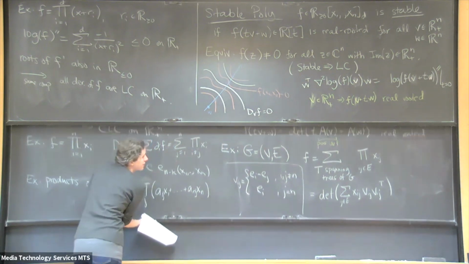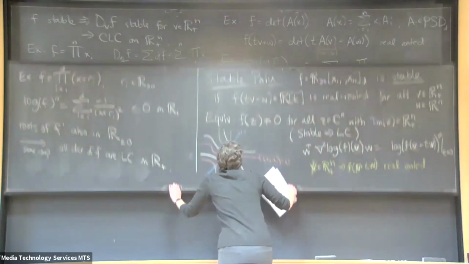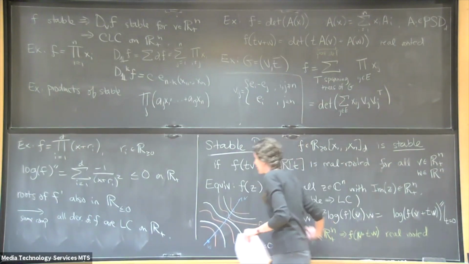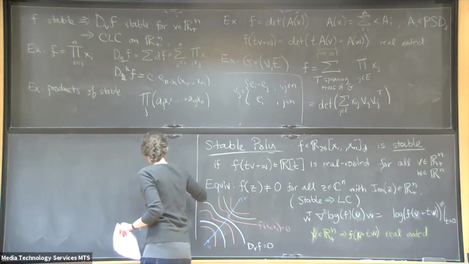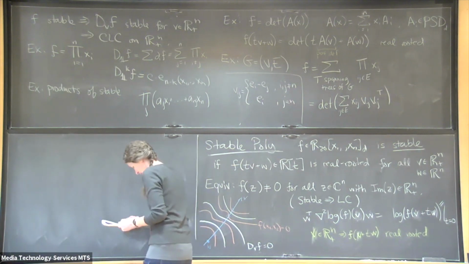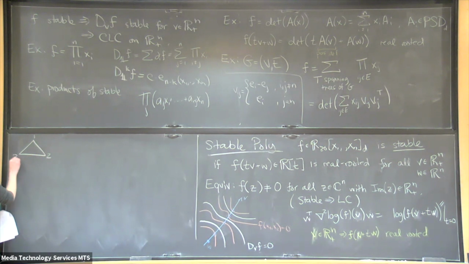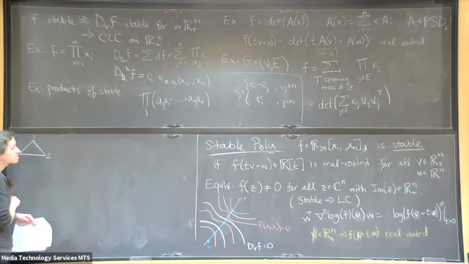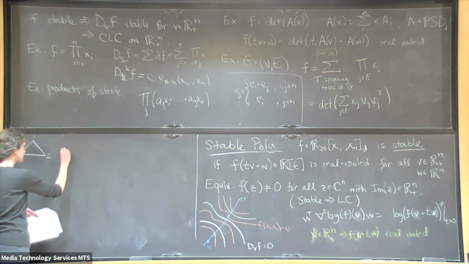Just for example, take a triangle, not the most interesting example, but so then we're going to get a 2 by 2 matrix.